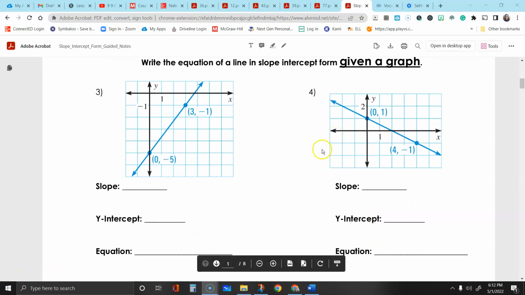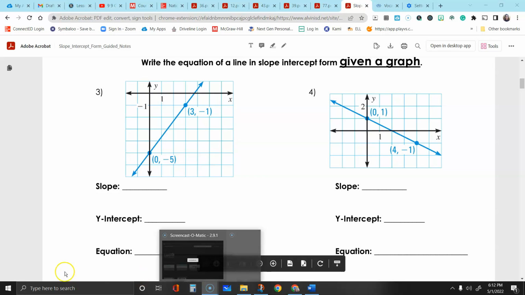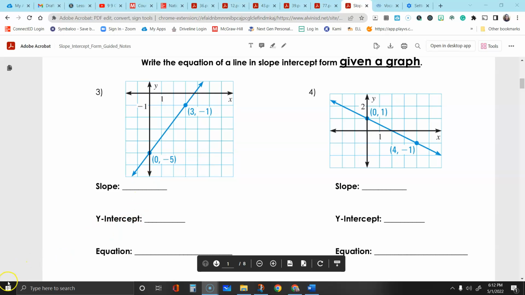Now we need to be able to find the slope and the y-intercept and write an equation from a graph. Okay? So we are still using the equation y equals mx plus b. So we look here for our slope.